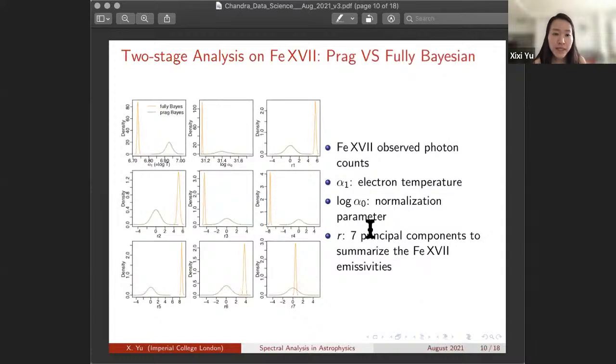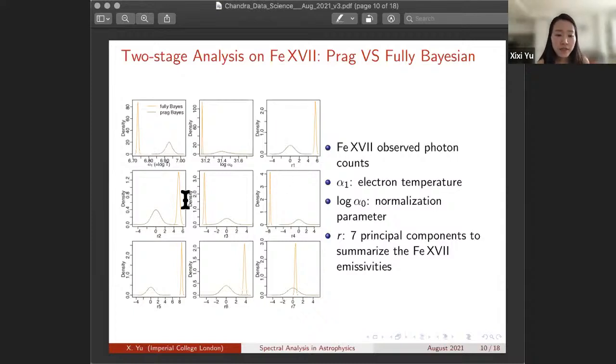With the pragmatic and fully Bayesian setup already, we do the analysis on the iron 17 observed photon counts. Here in this figure, we are comparing the posterior samples from the pragmatic Bayesian model in green lines with the posterior samples under the fully Bayesian model in the amber curve.